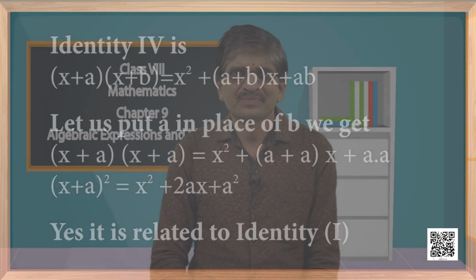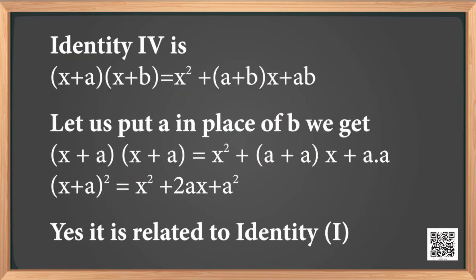Let us consider the special case of identity number 4 with a is equal to b. What do you get? Is it related to identity number 1? Let us see. Identity number 4 is (x plus a) times (x plus b) is equal to x square plus (a plus b) into x plus ab. Let us put a in place of b.